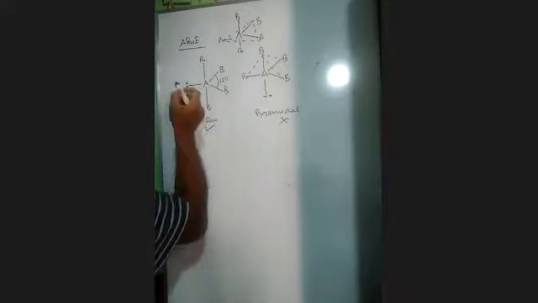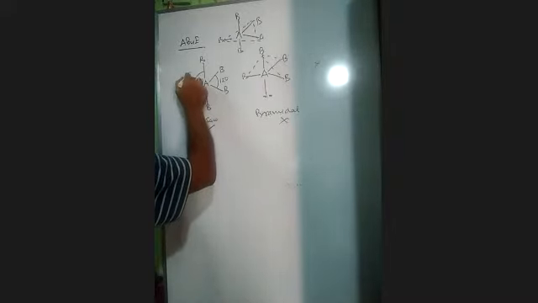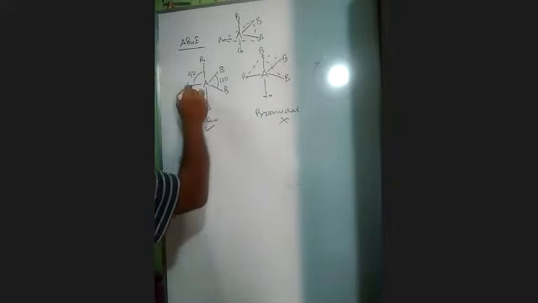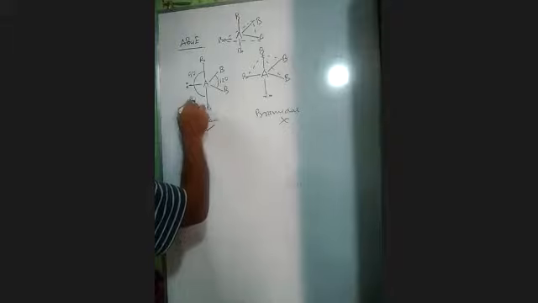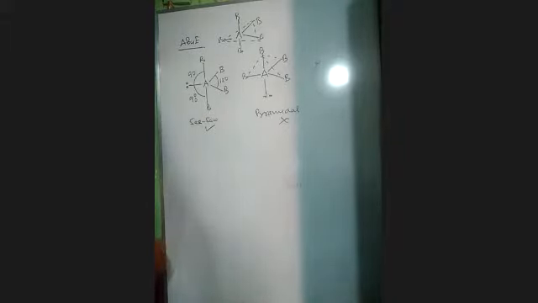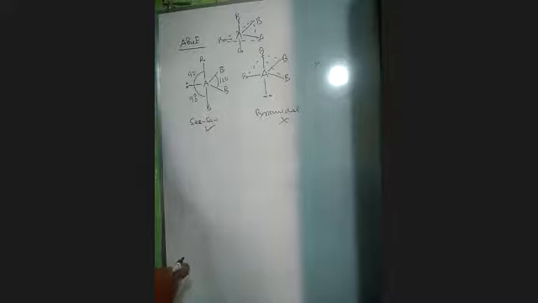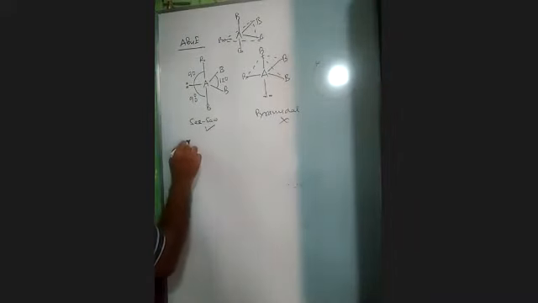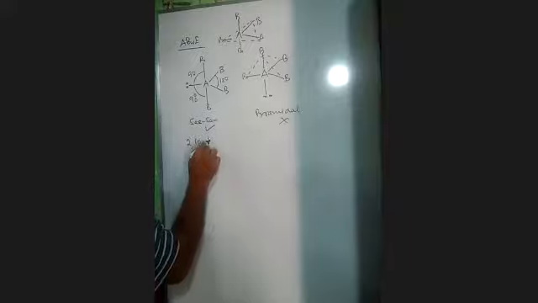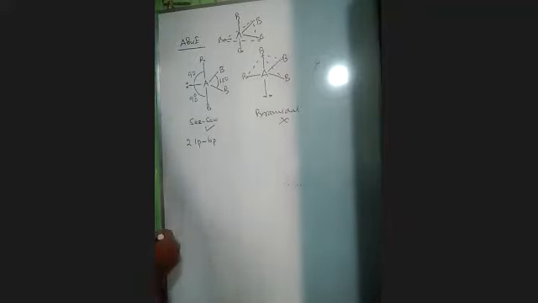Okay. So what is the angle here? It is 90 degree. What is the angle here? 90 degree. The repulsion between this and this is the lone pair-bond pair repulsion. So how many lone pair-bond pair repulsions do you have? You have two lone pair-bond pair repulsions. All right. And how many bond pair repulsions do you have?